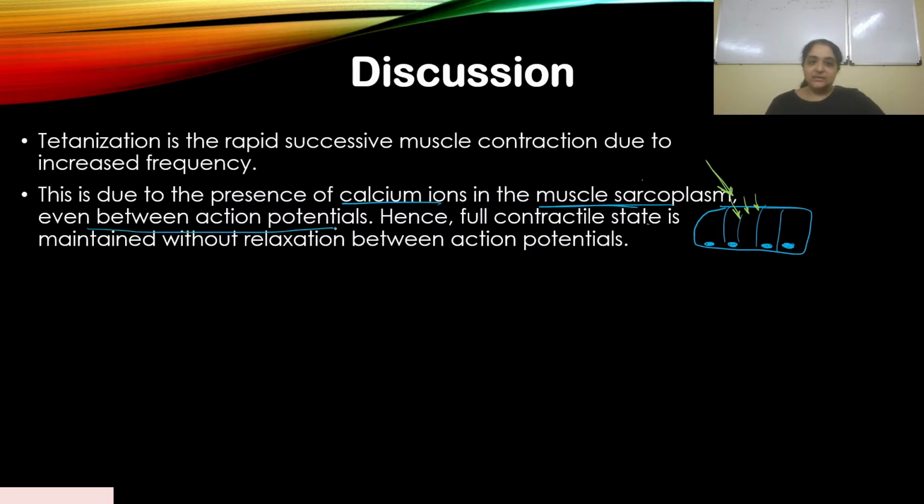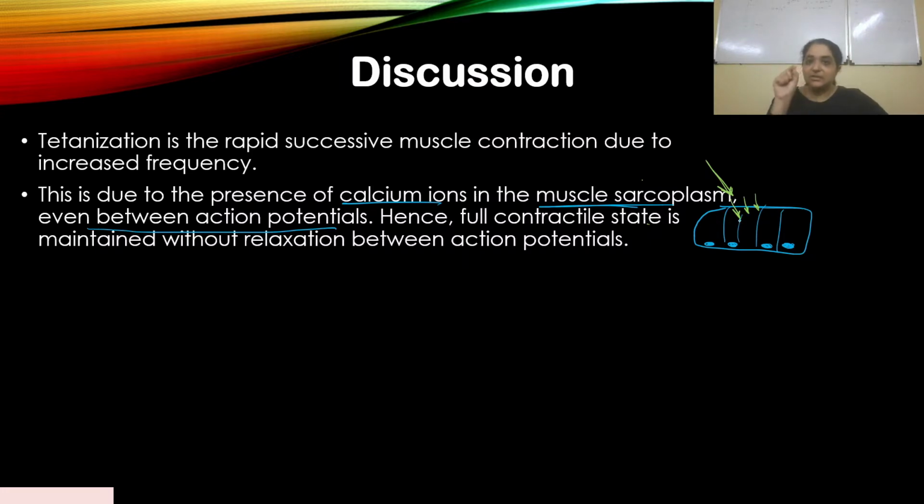Even between action potentials. See, once one action potential is generated, muscle contraction happens, calcium ions move away. But here, due to the presence of calcium ions in the muscle sarcoplasm, even between the action potentials, it is still there. That means the muscles will always remain in the contracted state all the time, just like what I showed you over here experimentally.